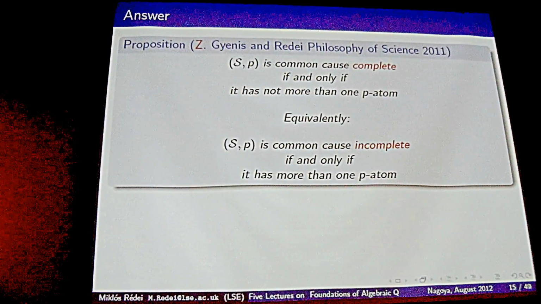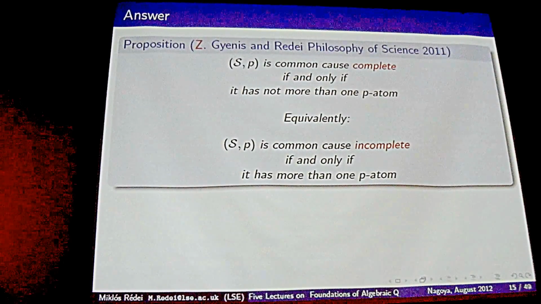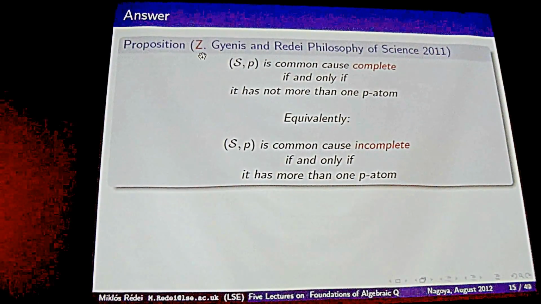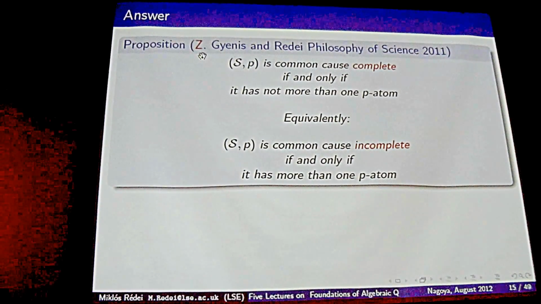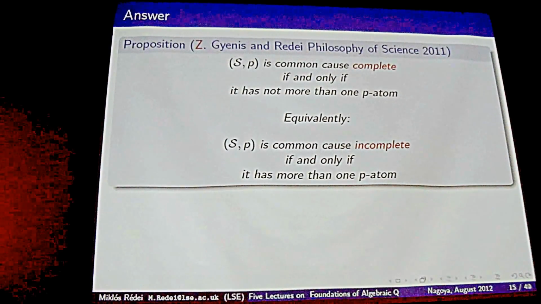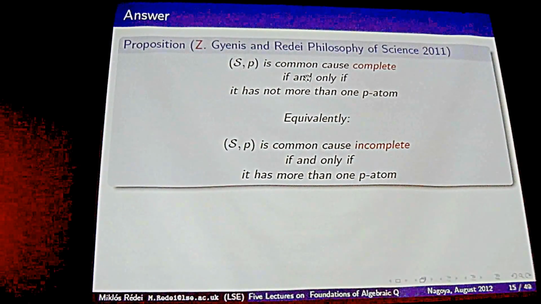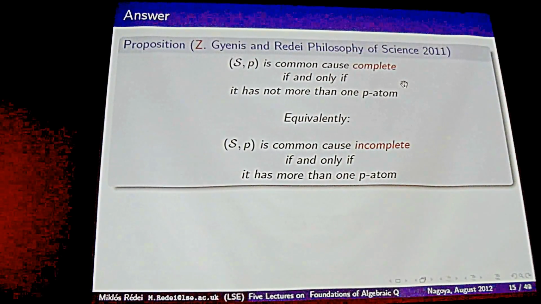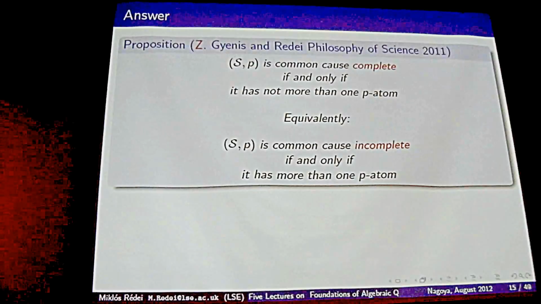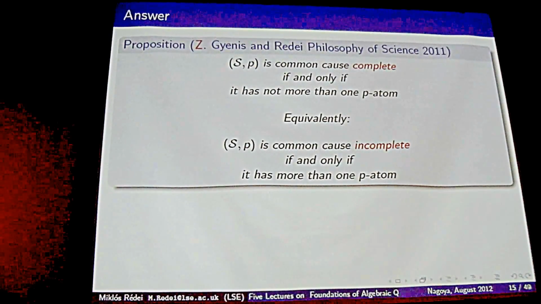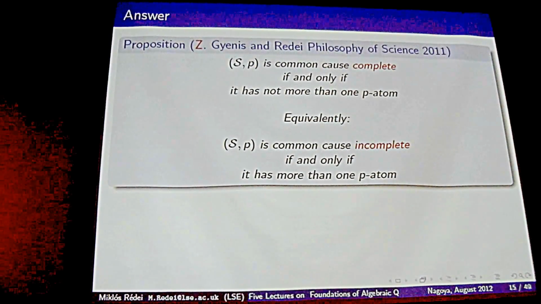Here is a proposition. This is with Zoltan Janisch, the brother of the other guy with whom I have published that paper. And this is in philosophy of science. The following characterization of common cause completeness can be given. A probability space is common cause complete if and only if it has not more than one p atom.